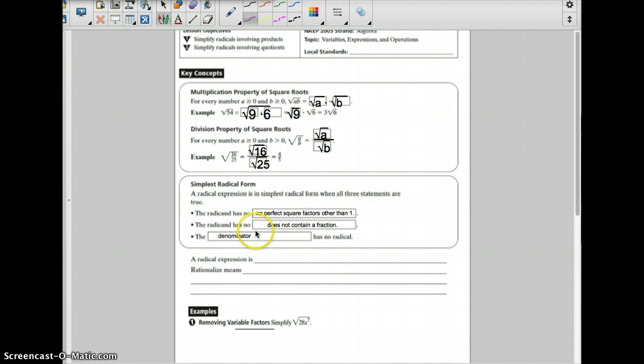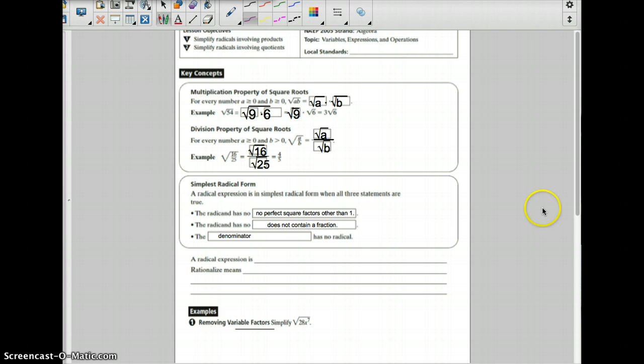Second, the radicand does not have a fraction in it, so you take that fraction out by taking the square root of the numerator and the square root of the denominator. And the final requirement is that the denominator does not have a radical sign in it as well. I'll show you how to rationalize the denominator here in an example.